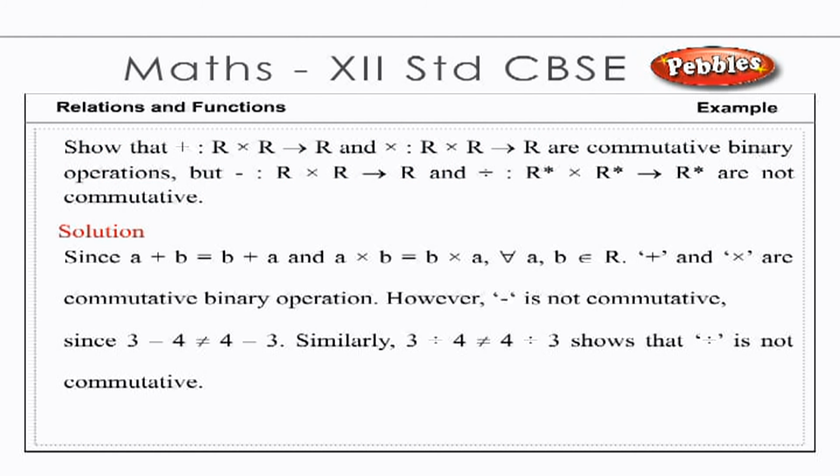Since a plus b is equal to b plus a and a into b is equal to b into a for all a, b belongs to R, addition and multiplication are commutative binary operations. However, subtraction is not commutative since 3 minus 4 is not equal to 4 minus 3. Similarly, 3 divided by 4 is not equal to 4 divided by 3, which shows that division is not commutative.